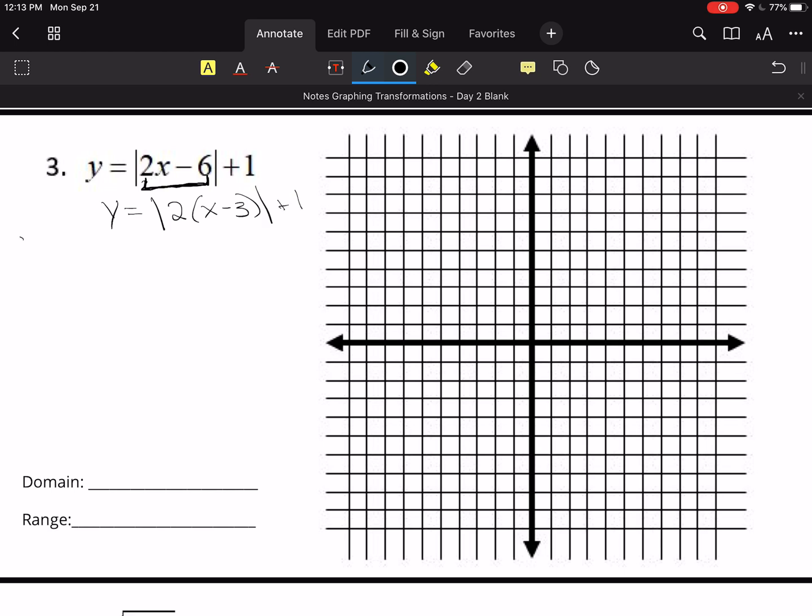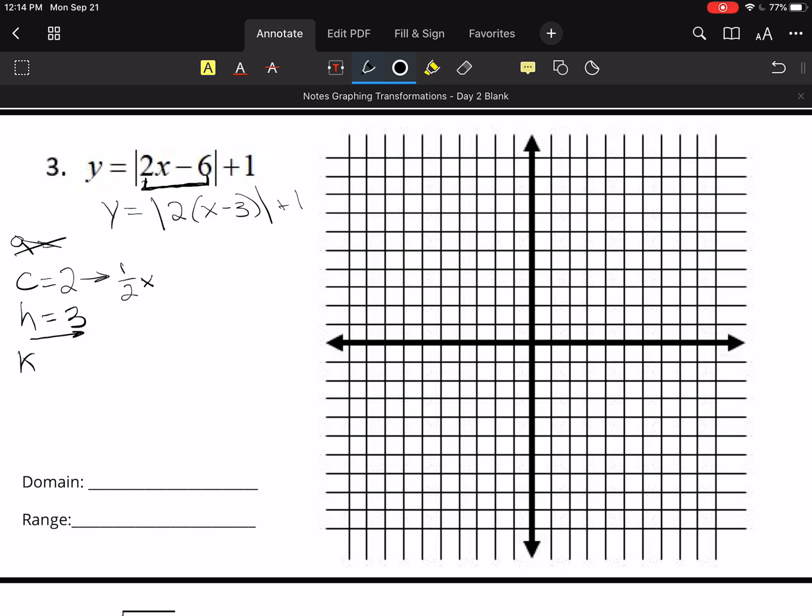So again, A, C, H, K. No A value. C would be 2. So I'm going to multiply all of my x's by 1/2. H would be positive 3, right? Always the opposite.